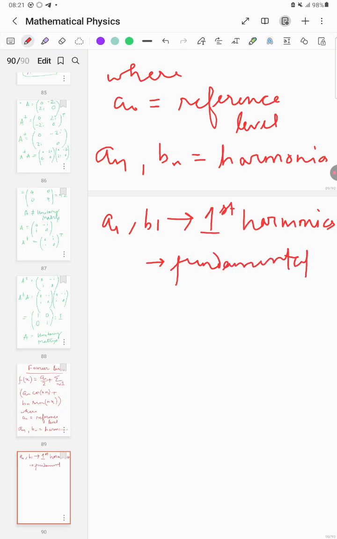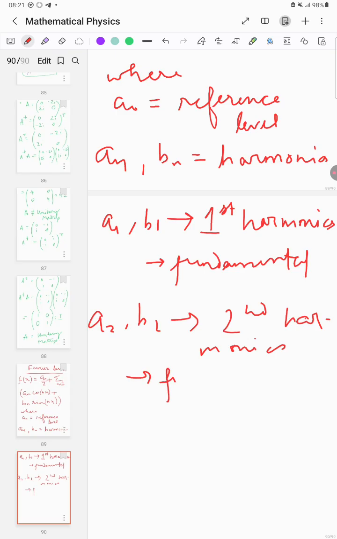In a similar way, a2 and b2 are called the second harmonic, and they are also called the first overtone. We have all learned this earlier.